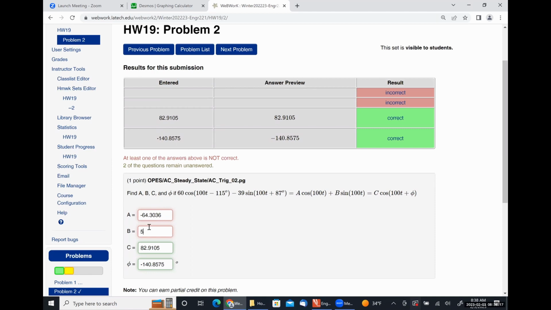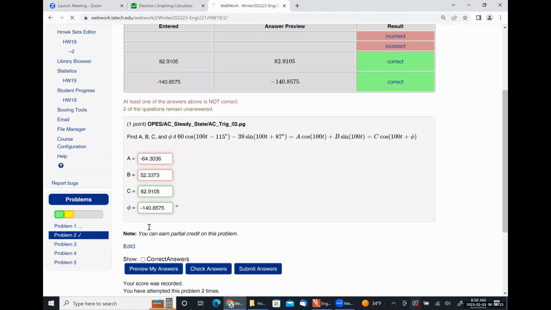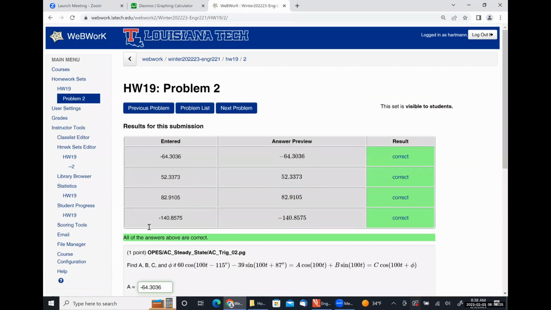So that's going to look like positive 52.3373. And boom, I've done that entire homework problem using complex numbers instead of sinusoids, and it takes me seconds instead of minutes. Complex numbers are your best freaking friends for steady state sinusoidal analysis.